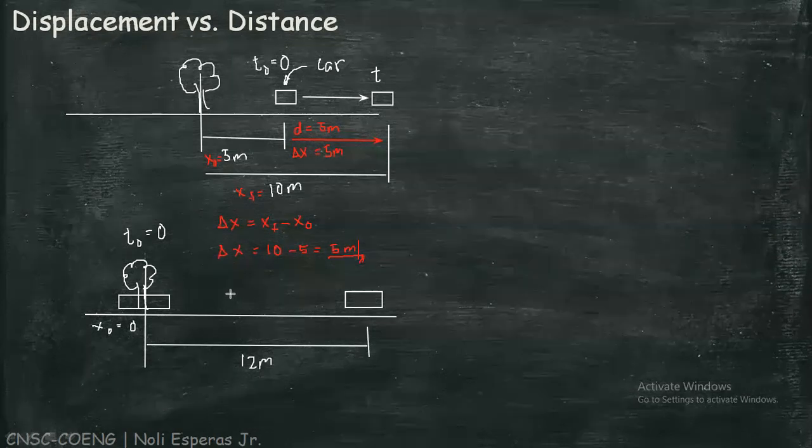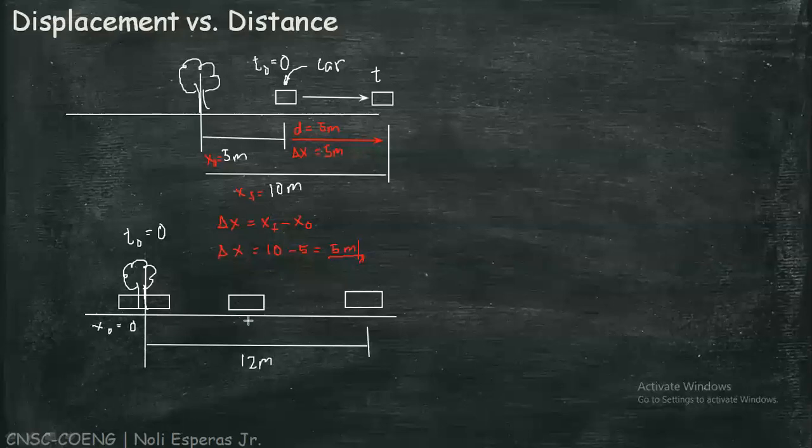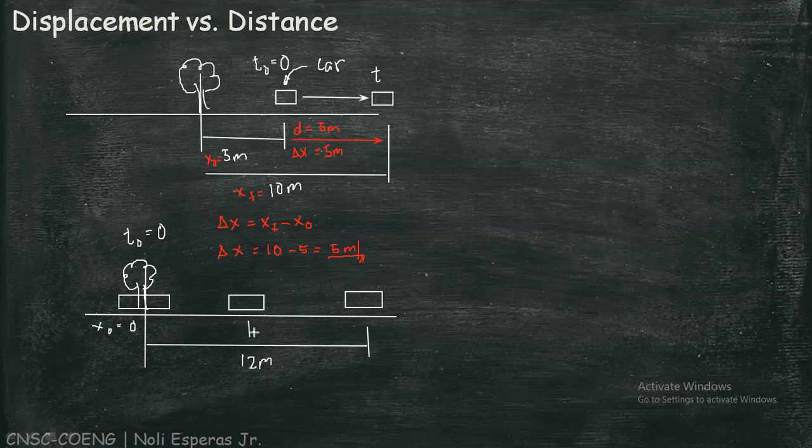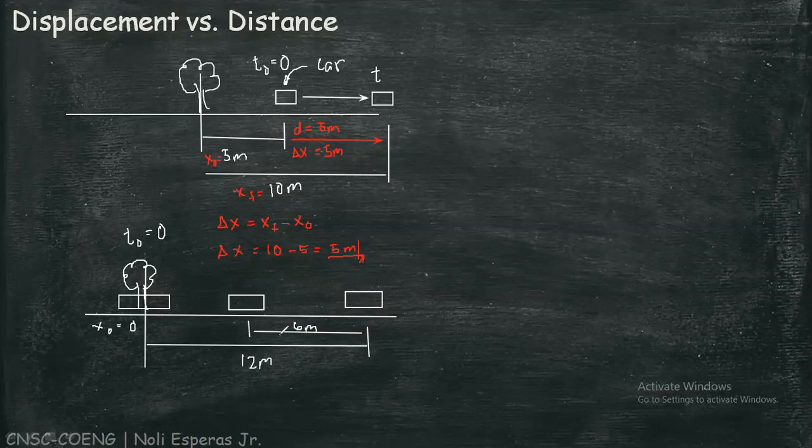Then it moves backward, or let's say it moved to the left at a distance of, let's say, 6 meter. So now, what is the distance traveled by the car and what is displacement?